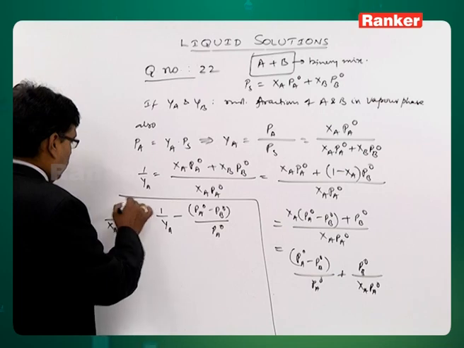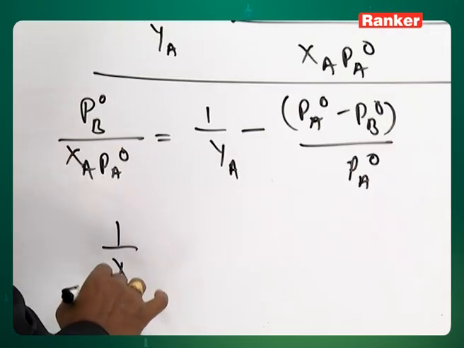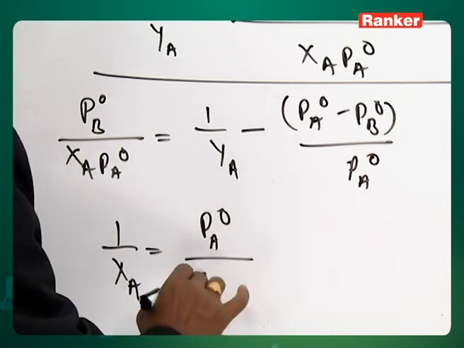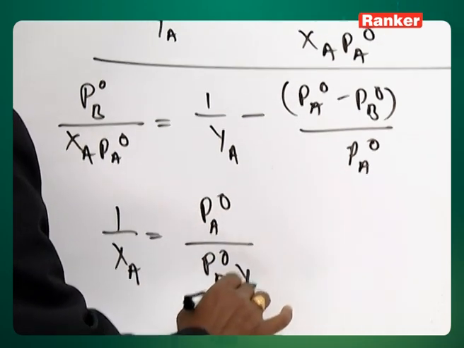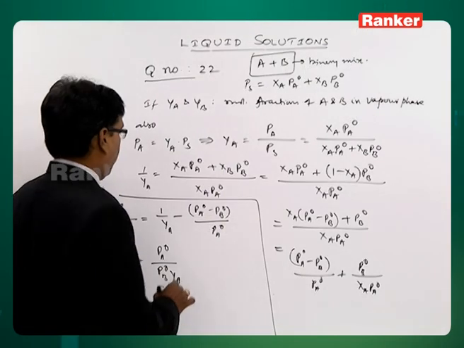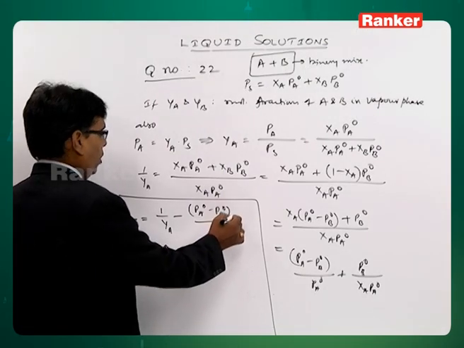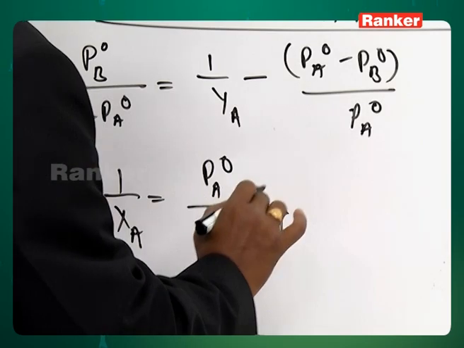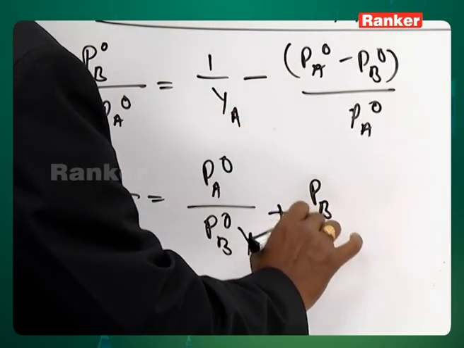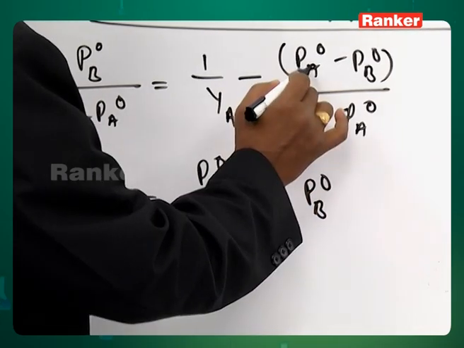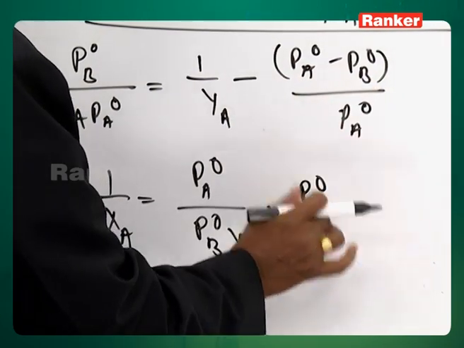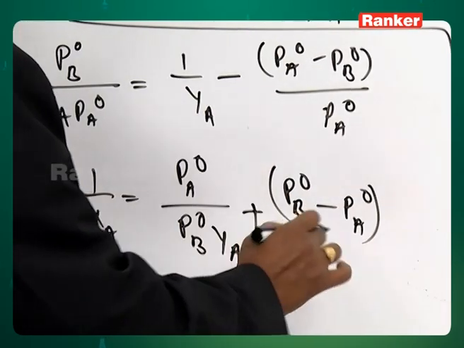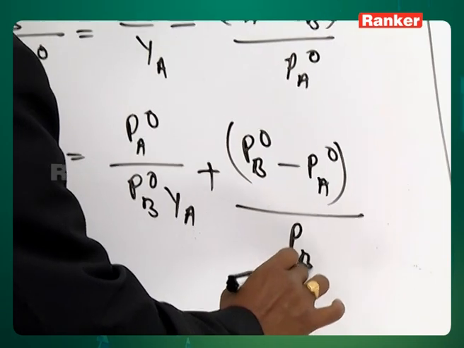So, I will get 1 by XA is equal to Pa naught by Pb naught YA, and when I multiply the other term with Pa naught by Pb naught, Pa naught cancels and you get Pb naught. I will rearrange by changing the sign: Pa naught minus Pb naught I write as minus of Pb naught minus Pa naught, so minus of minus becomes plus, by Pb naught.